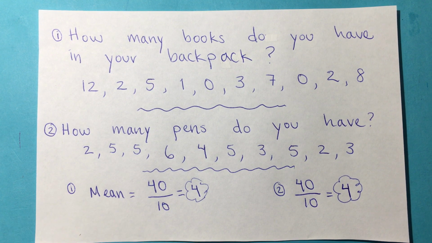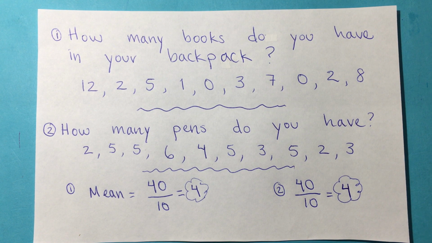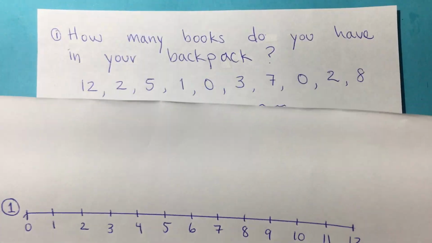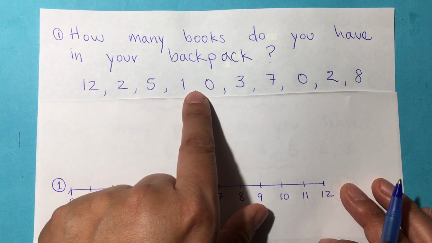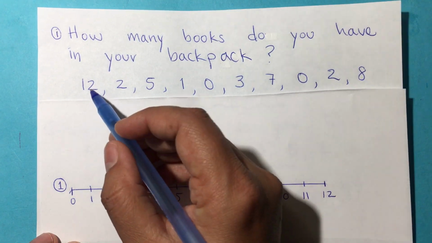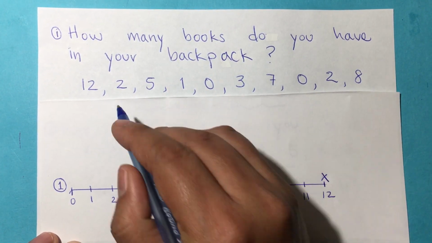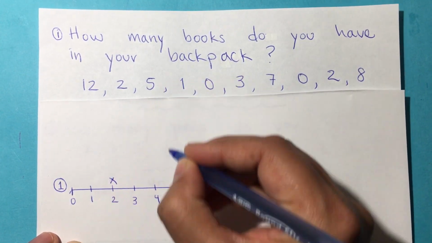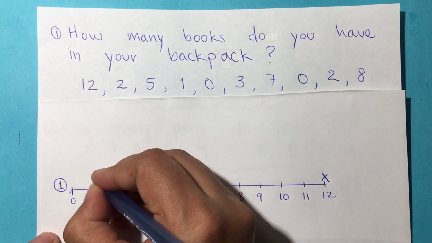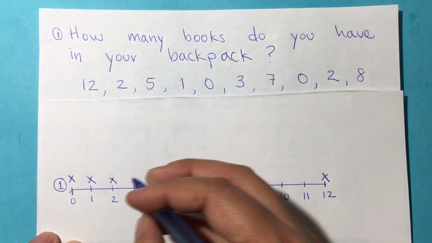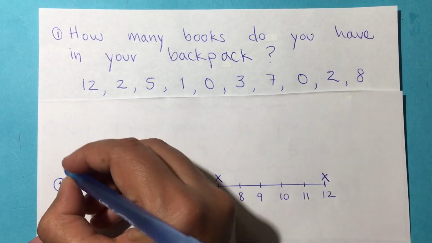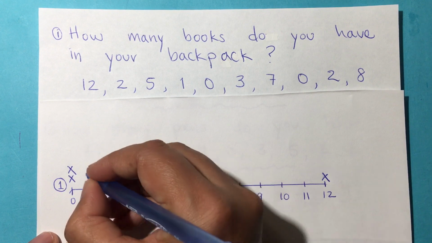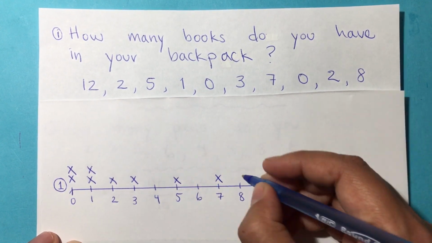So now what we're going to do is graph the data just as we did in the previous lessons, where we have a number line, and then for number 1, we'll just put a little cross on top of each number. So we have 12, 2, 5, 1, 0, 3, 7, 0, 2, 8.